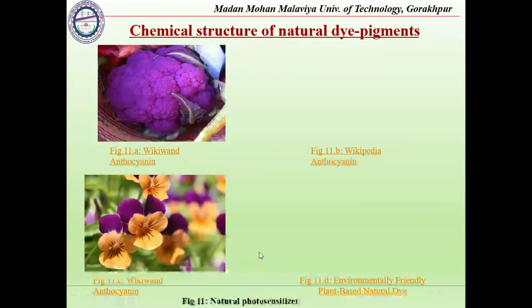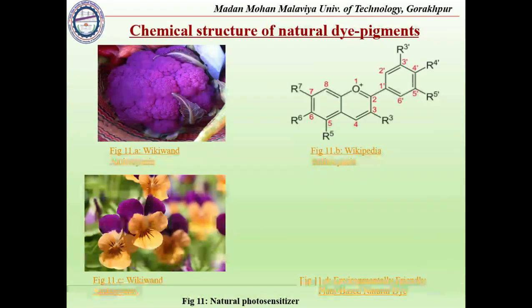We can use the eucalyptus flower as well; dye extracted from eucalyptus flower can also be used as the photoactive material in a dye-sensitized solar cell. This is a very good thing, because eucalyptus flowers or these flowers are easily abundant in nature, and that will also be eco-friendly in nature. That is a good matter.